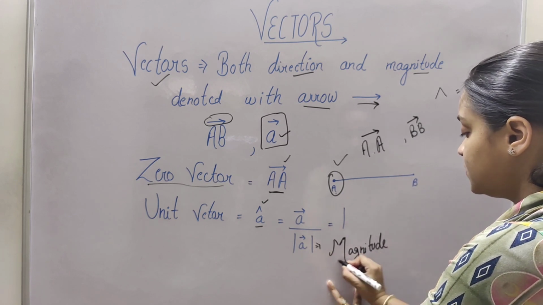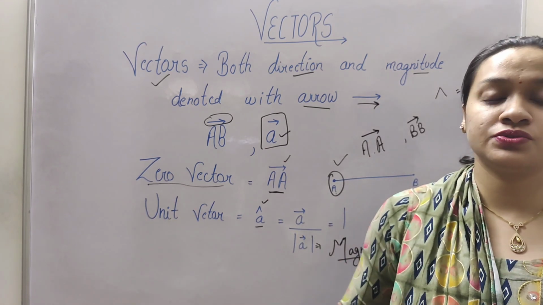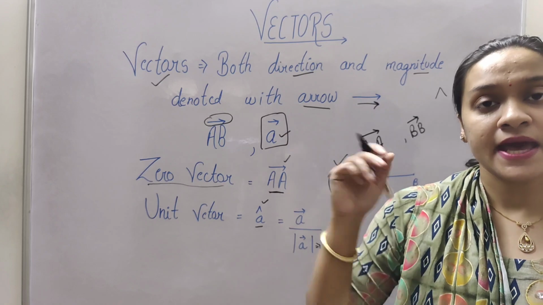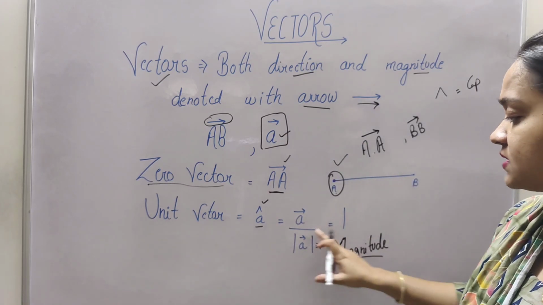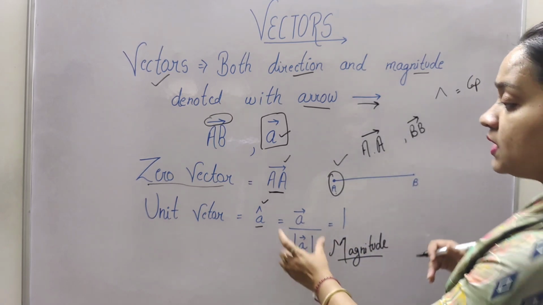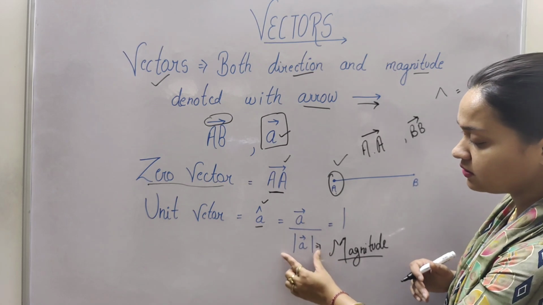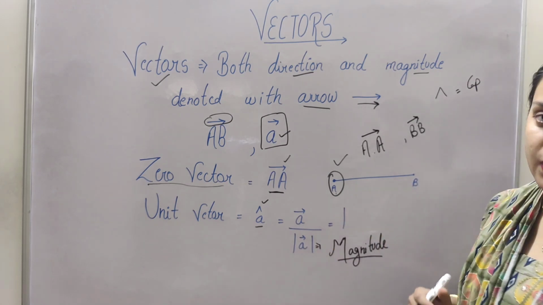This sign denotes magnitude, and its application we are going to see in future videos. In this video we are not going to discuss magnitude in detail; it will come in a further video. So now just talk about a cap equal to a vector upon its magnitude, which is equal to 1.